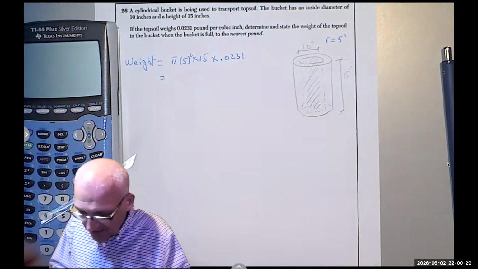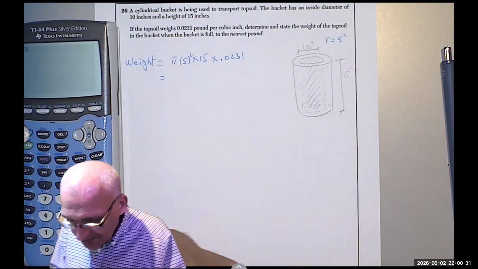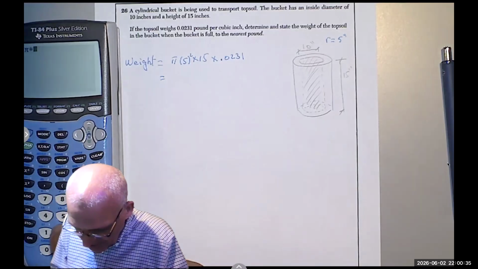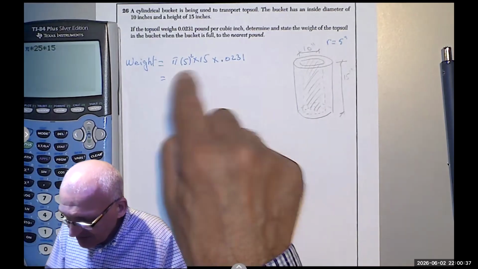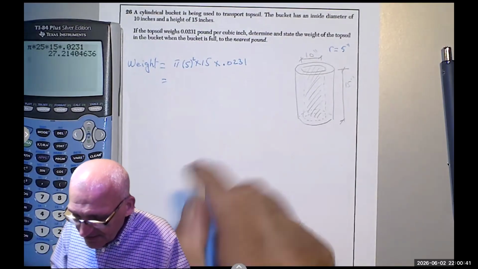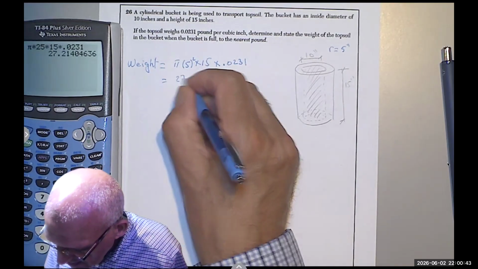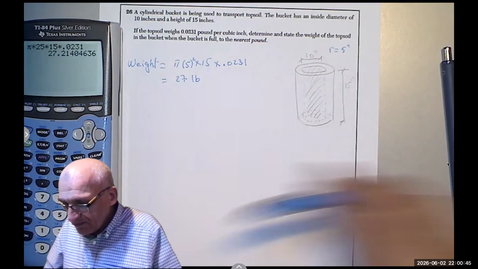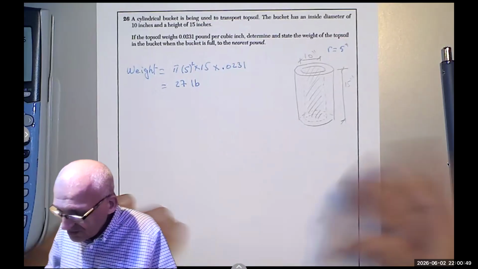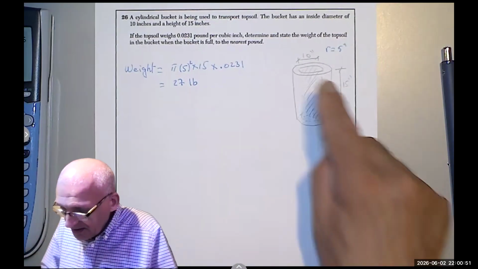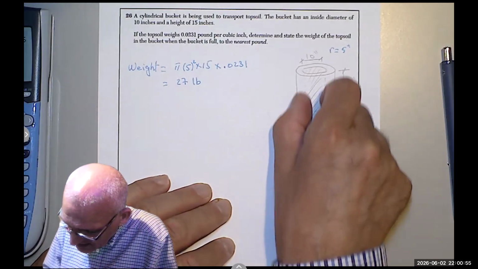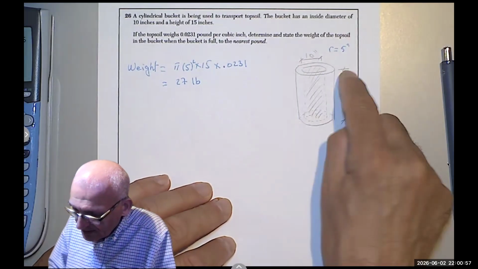And I need it to the nearest pound. So I'm going to say pi times 25 times 15, in fact, 375 pi, times 0.0231. And that gives me 27 pounds, which is the nearest pound. So again, pi r squared gives the area of the base, and since that area doesn't change, all you have to do is multiply it by the height.